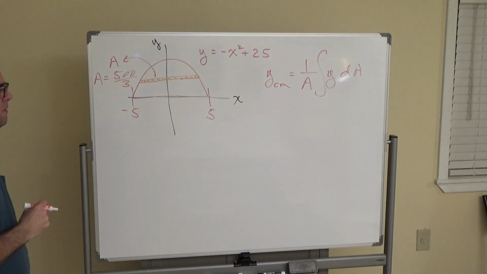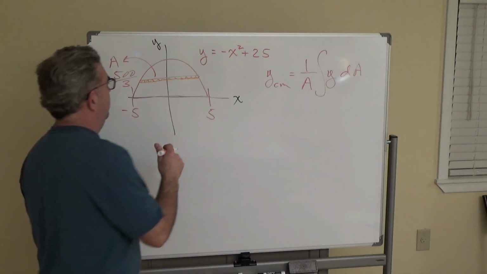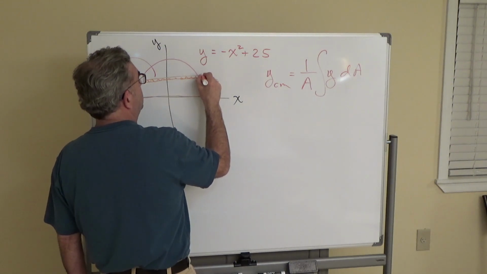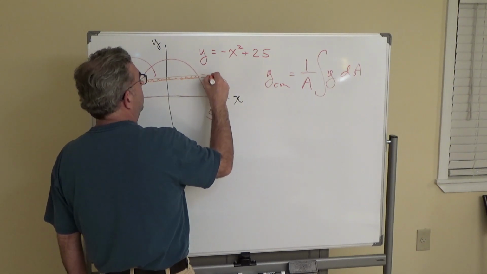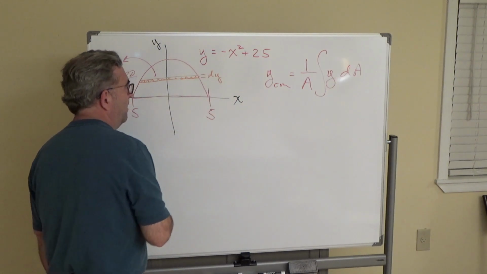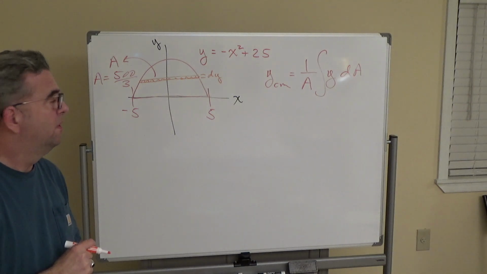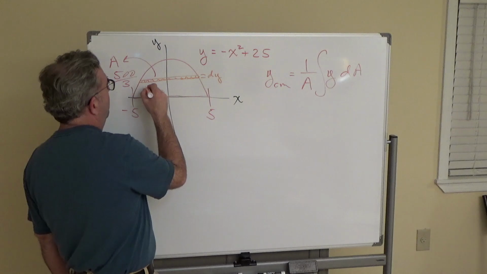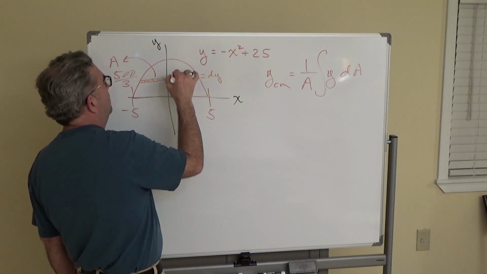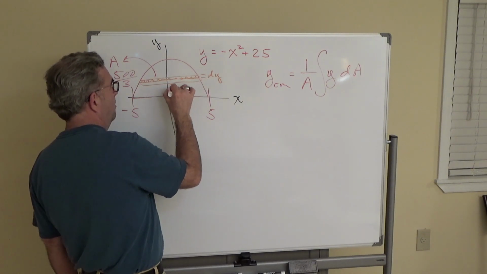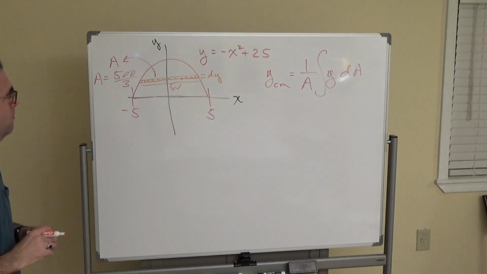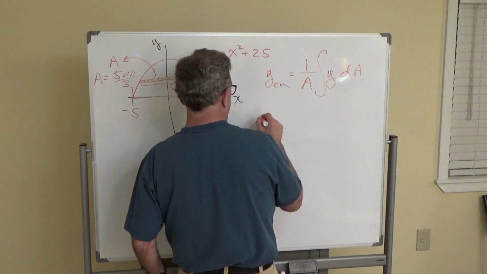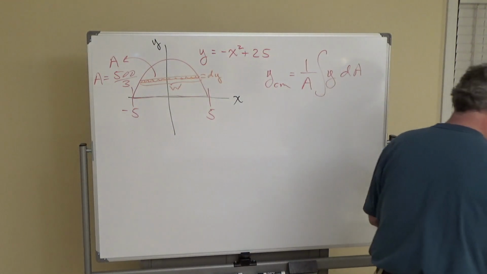This distance, because I want to integrate over y, is dy. That little bit. And this width I'll call w. The width of this strip is w. So the area dA, let me get rid of this orange, it's annoying.